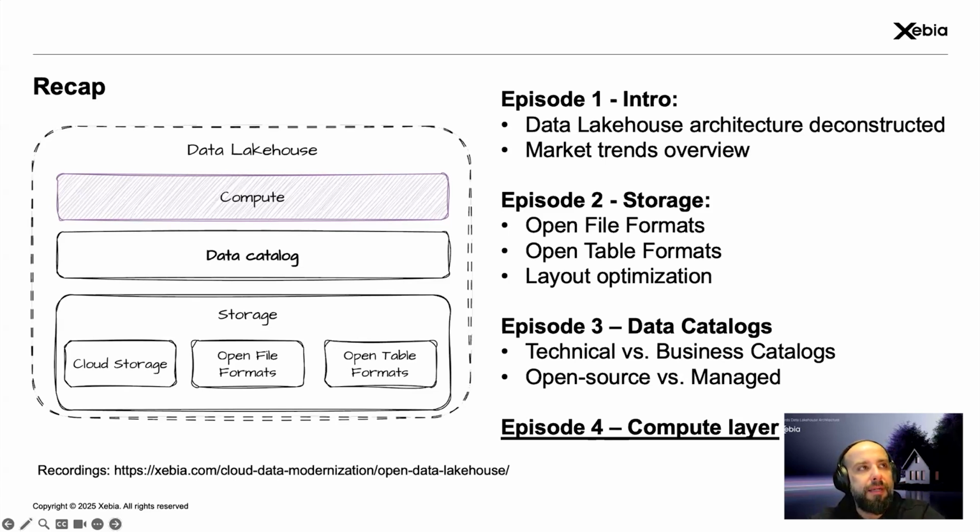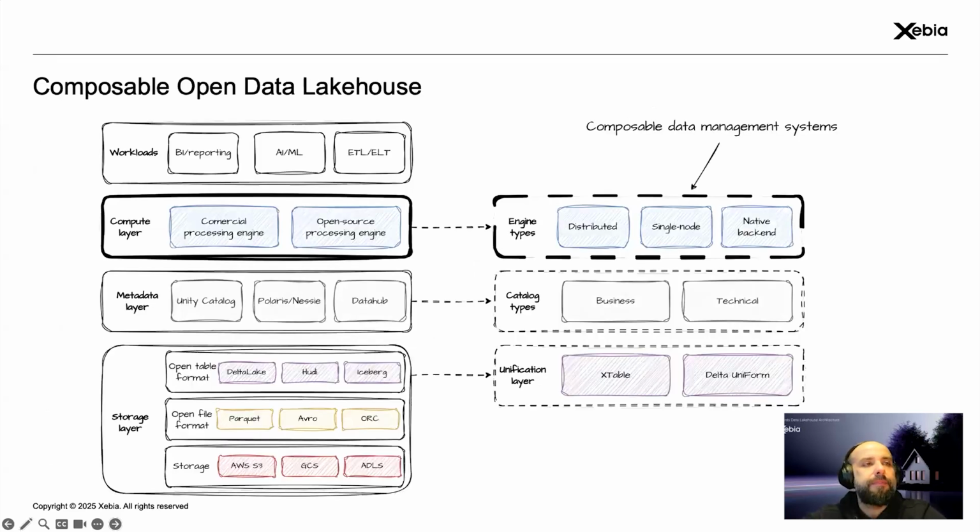As you all know, this is the third building block, the third pillar of the data lakehouse, together with the data catalog and storage layer. Over the past episodes, we tried to make you aware that today's open data lakehouse architecture is composable. We started from different storage layers, storage formats and table formats.